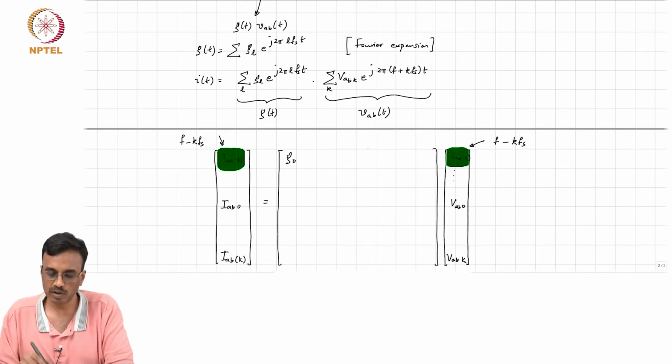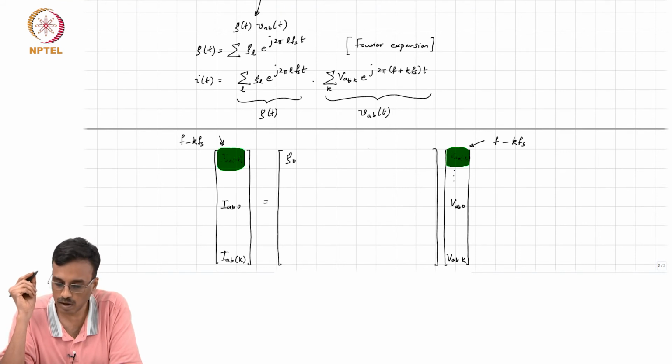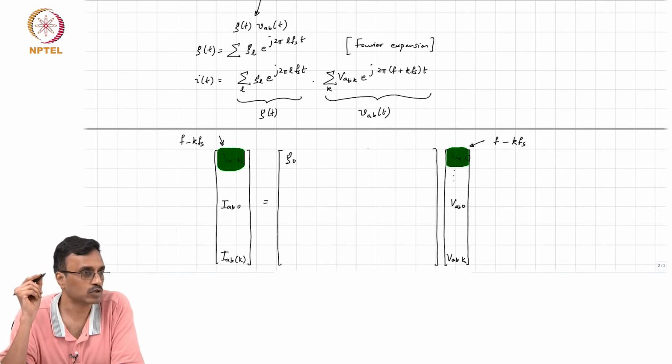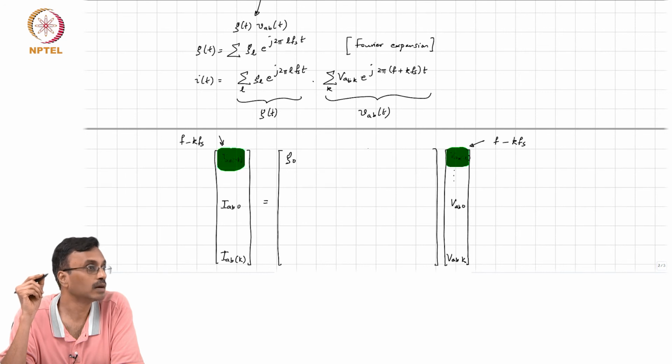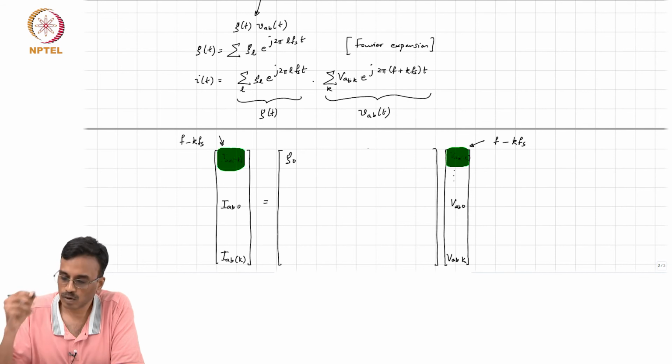What comment can you make about the second column in the first row of this matrix? What is the second term here?